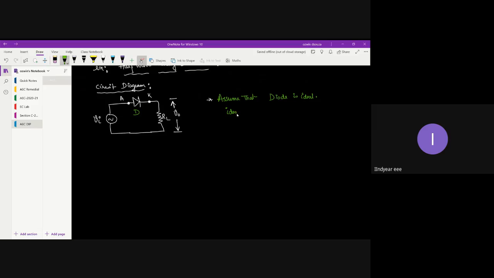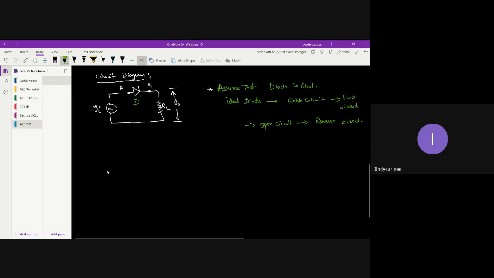An ideal diode is a diode which acts like a short circuit when forward biased, and it acts like an open circuit when reverse biased. So this is a way of analyzing your clipping circuit. You can either consider your diode as an ideal element, or you can even consider the diode as a practical element.